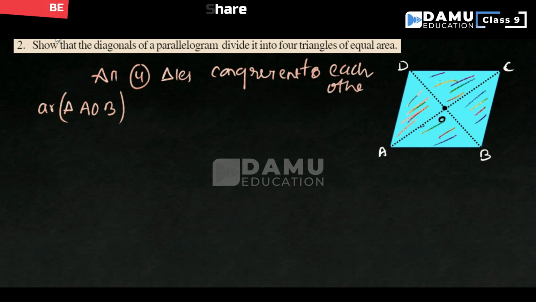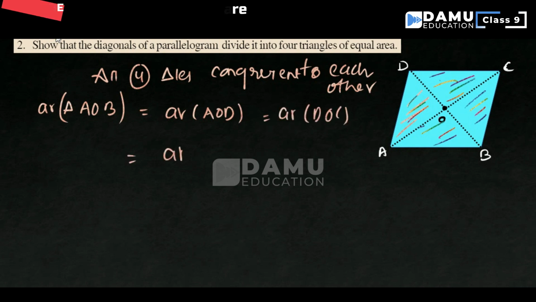Then the area of triangle AOB is equal to the area of triangle AOD, which is equal to the area of DOC, which is equal to the area of COB. This is what we needed to show.